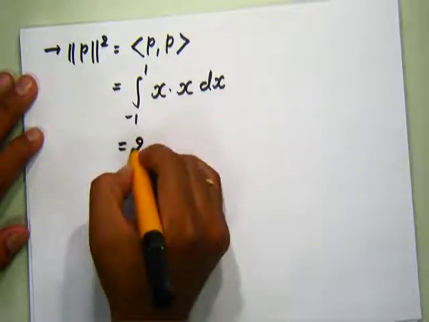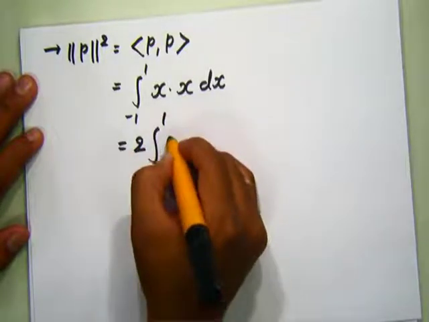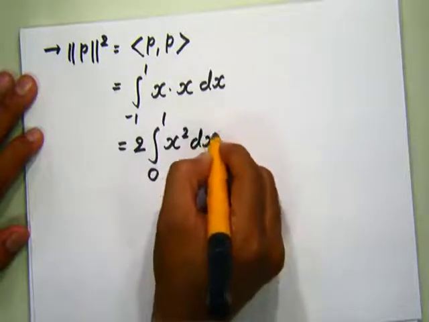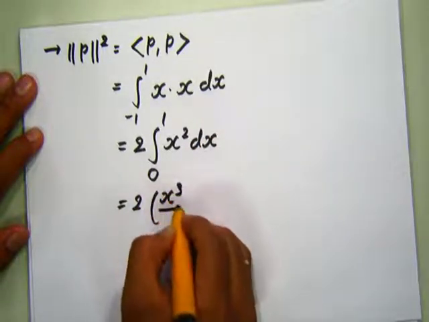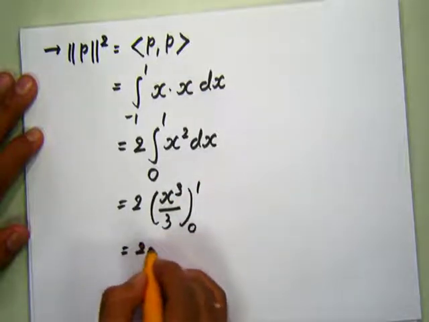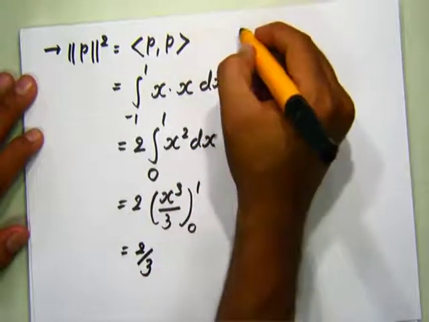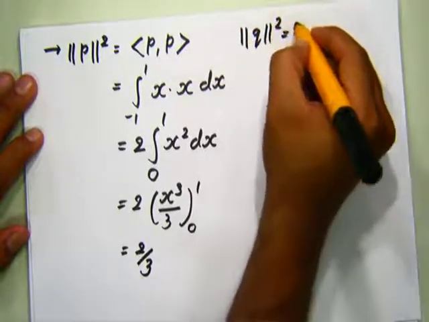X square is an even function, so we can write this as 2 times the integral from 0 to 1 of x square dx. So it becomes 2x cube by 3, limit 0 to 1, so it is 2 by 3.